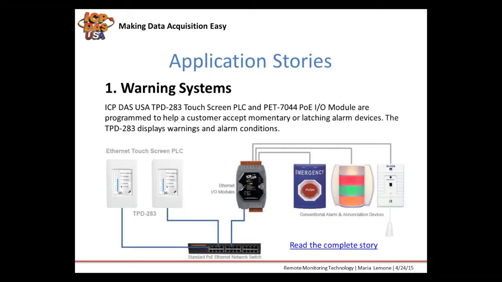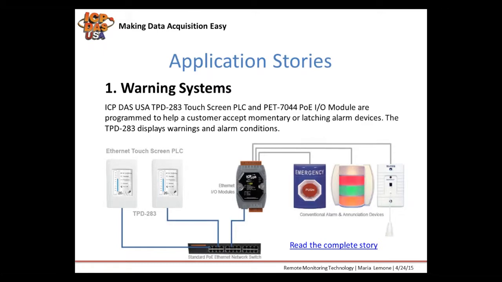So right here we have some application stories in remote monitoring and control technology. This warning system is used in a hospital where the touchpad and PoE I/O modules are programmed to help a customer accept momentary or latching alarm devices. The system consists of a series of IP input modules and IP alarm display touch panels used for various tone and visual alarm systems.